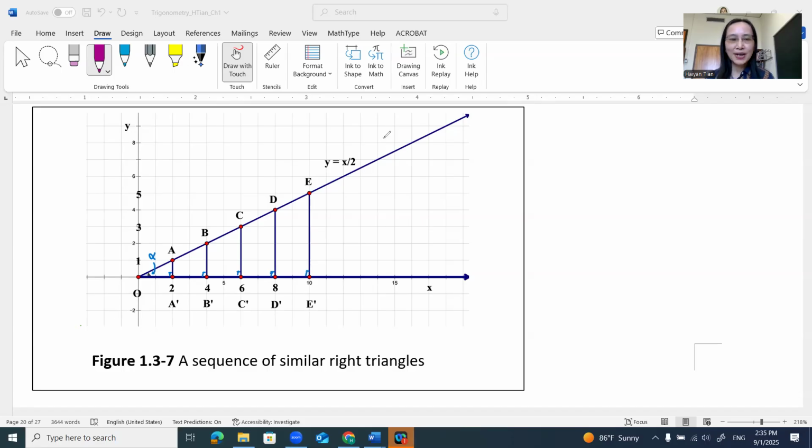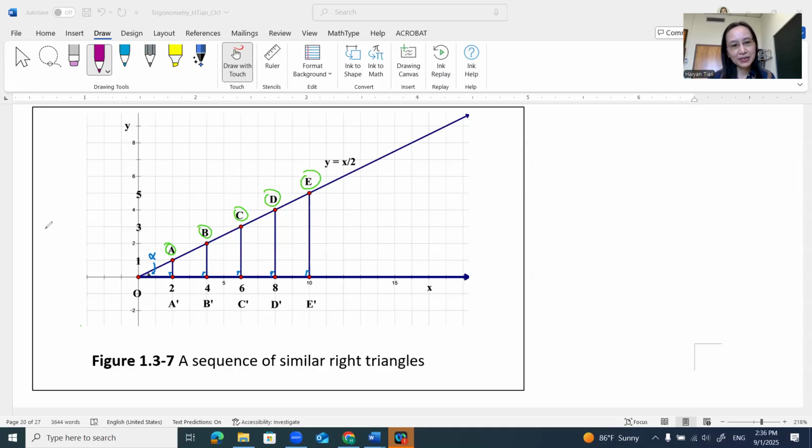for example, 5 different students, and each one picks a different point on the terminal side of this angle. So we have many different choices, right? So suppose I have 5 students and they pick 5 different points.